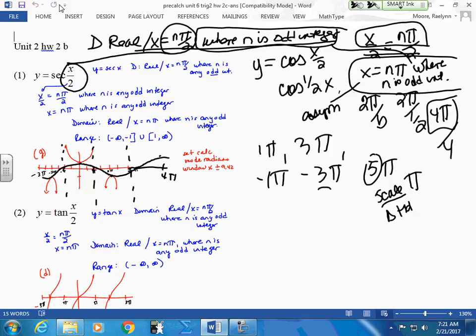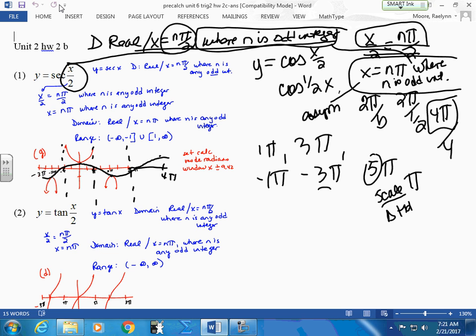And remember, your range is exactly the opposite of your cosine. Your cosine uses negative 1 to 1. Your secant and your cosecant use negative infinity to negative 1, 1 to positive infinity. They're the opposites of the middle part. Okay, so give me the domain, give me the range, and a little sketch.